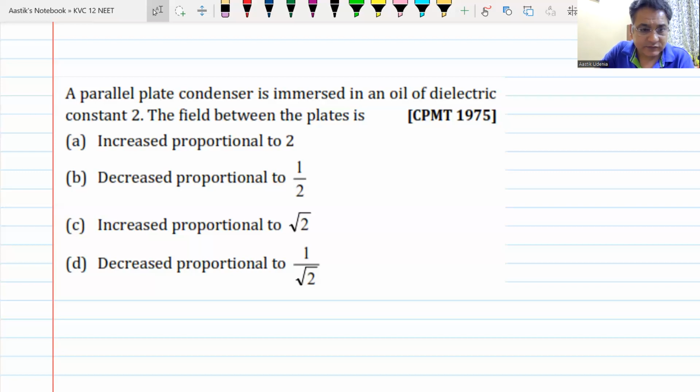Option B. Why is it option B? Tell me, why is it option B?